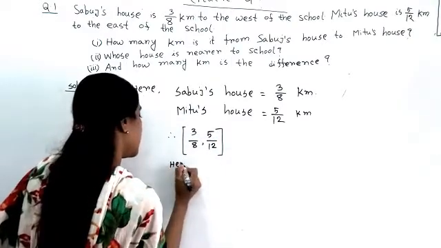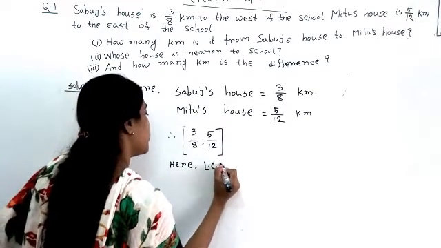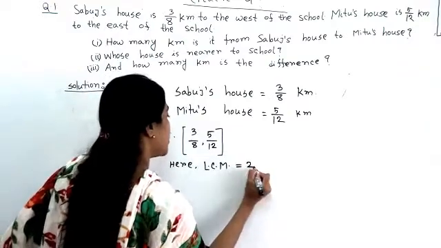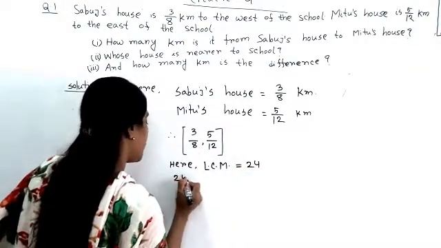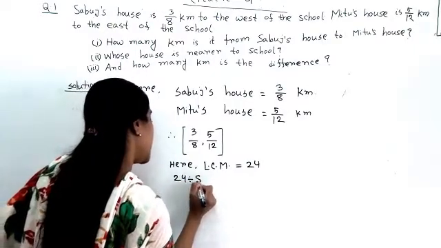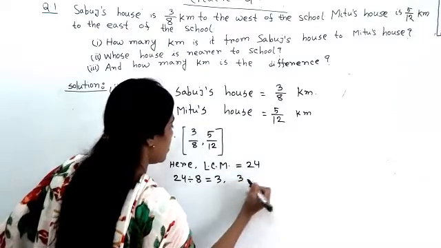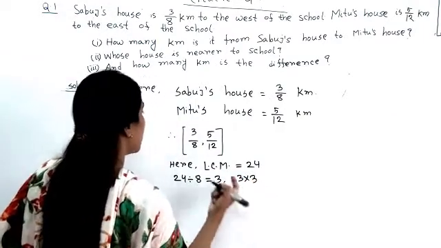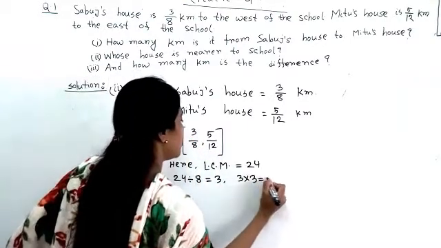Here LCM of 8 and 12 is 24. For the first fraction, 24 divided by 8, get result. This result is multiplied by the first fraction numerator.